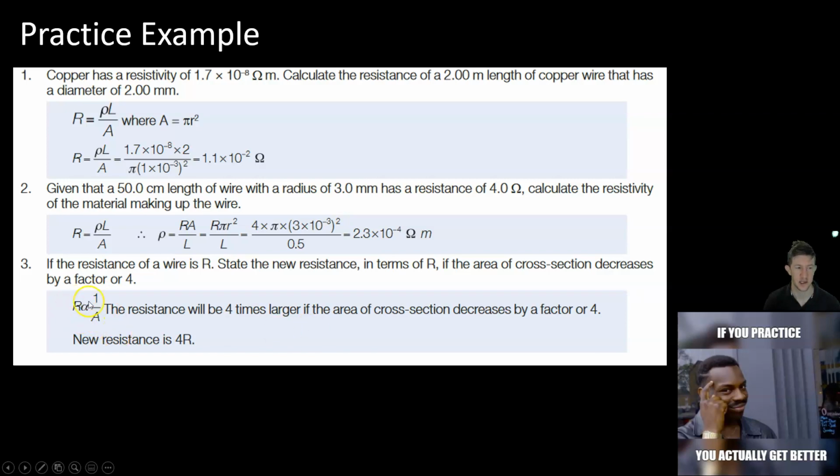It kind of makes sense. You can look at it mathematically. If you double the denominator, the fraction gets smaller. If this was a half and you double it, it becomes a quarter, and a quarter is smaller than a half. If you go the other way and decrease it by 4, it'll do the opposite. It'll increase by 4. So the new resistance is just 4R.